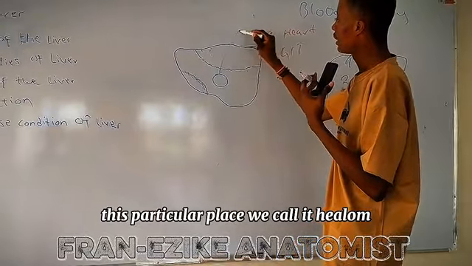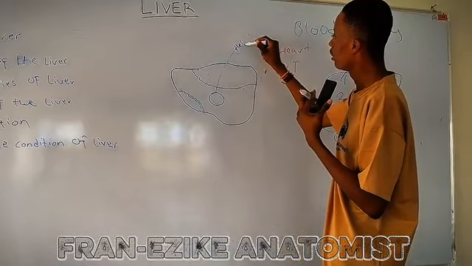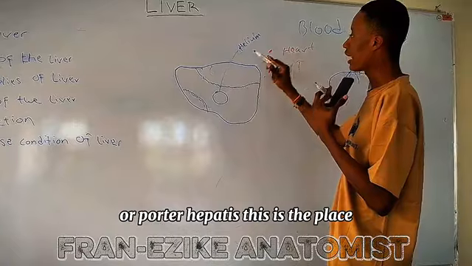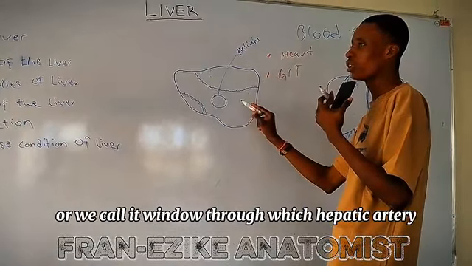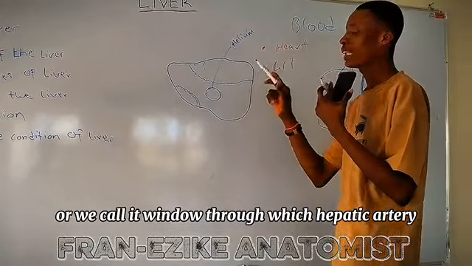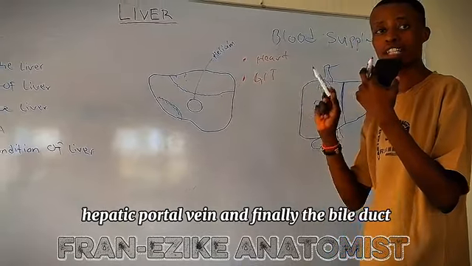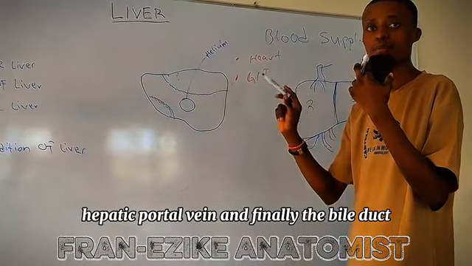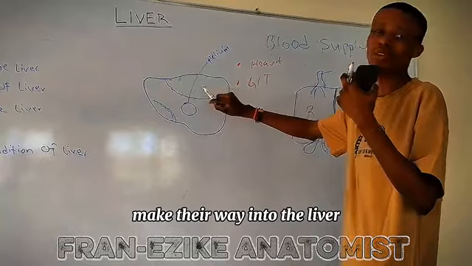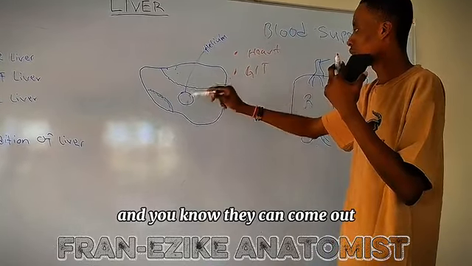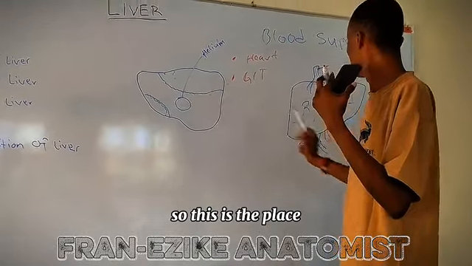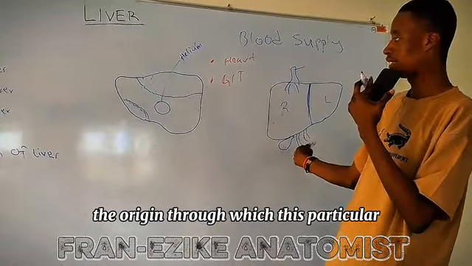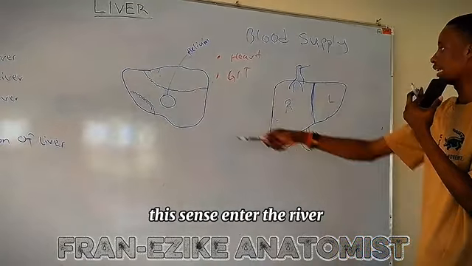This particular place, we call it hilum or portal hepatis. This is the place, or we call it window, through which hepatic artery, hepatic portal vein, and finally the bile duct make their way into the liver, and they can come out. So this is the place through which these structures enter the liver.